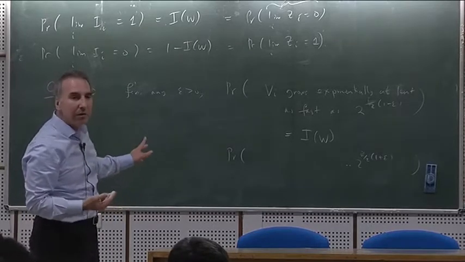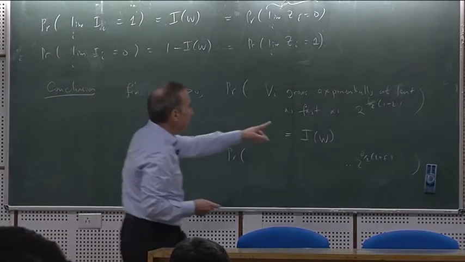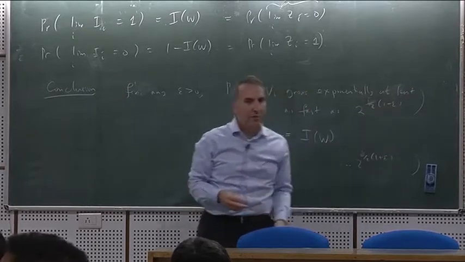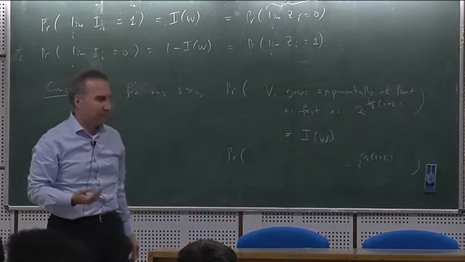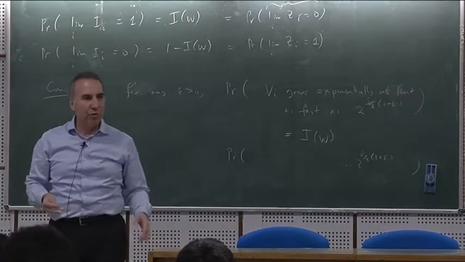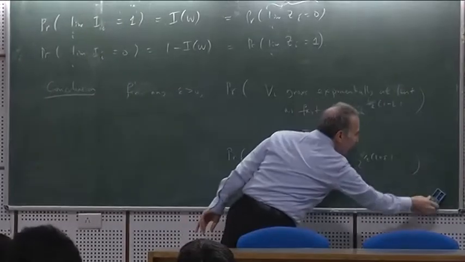Terribly sorry, this is I over 2, yes. At least as fast as 2 to the power I over 2, with 1 minus epsilon in the exponent. And if I ask whether the vi will grow faster than 2 to the I over 2, this never happens.